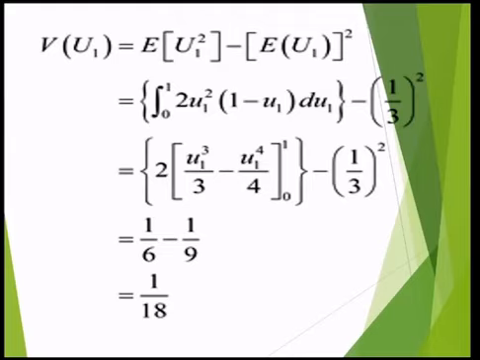Standard deviation and variance are related: variance is standard deviation squared, right? When you're talking about the mean, standard deviation is like getting an average distance away from the mean.